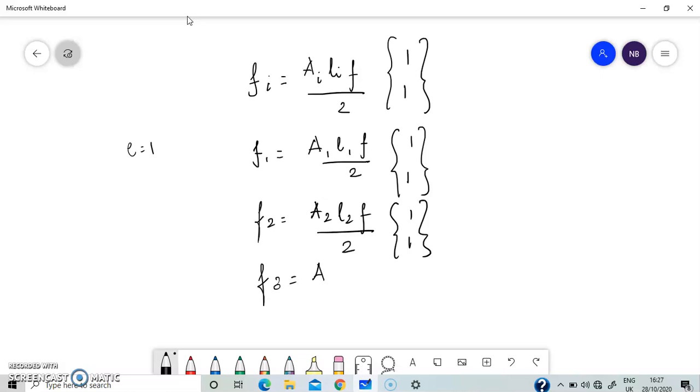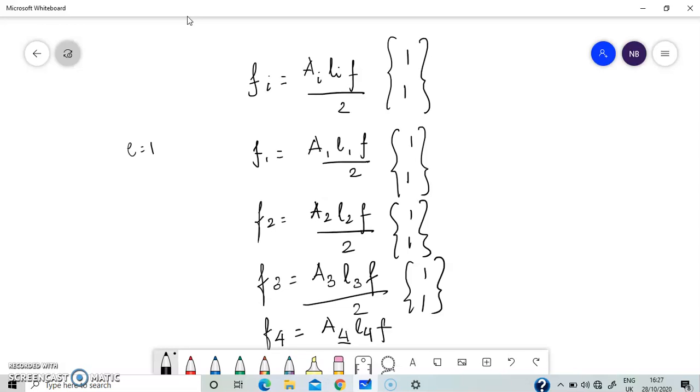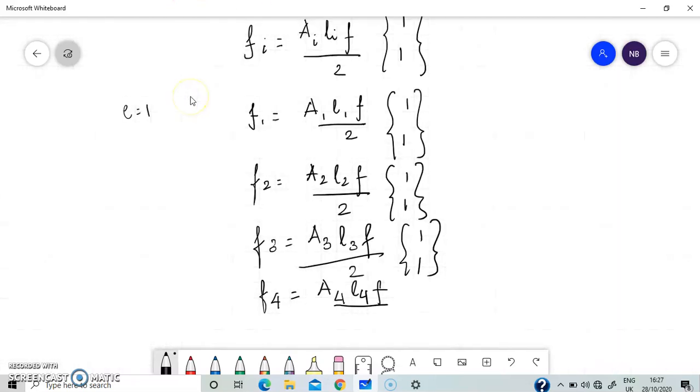F3 equals A3 L3 F upon 2, and F4 equals A4 L4 F upon 2 [1 1].